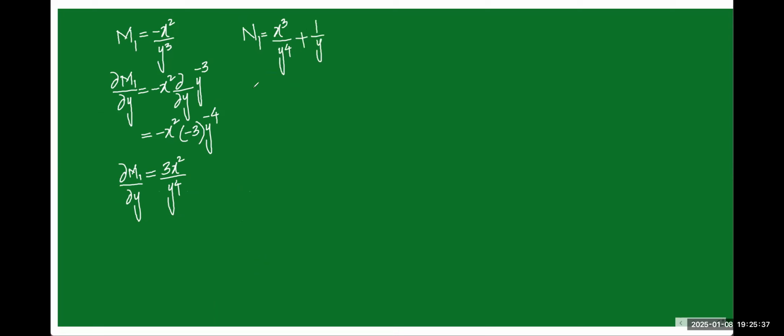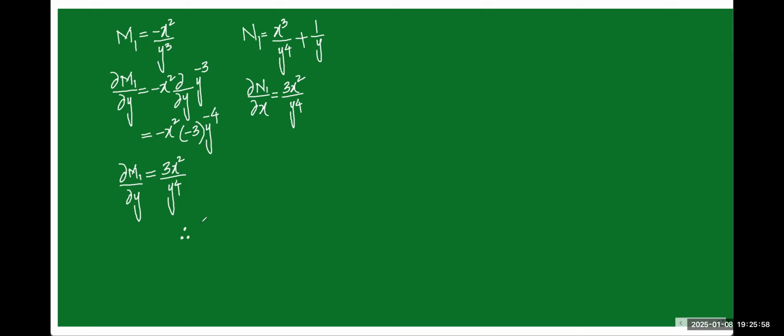Once I am differentiating this with respect to x, x cube differentiation will be 3x square, that you know already, divided by y power 4. And this one we don't have any x term, so 0. Look at both of the answers, they are same.